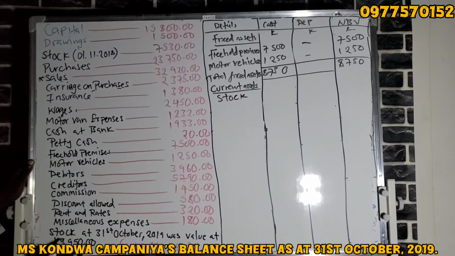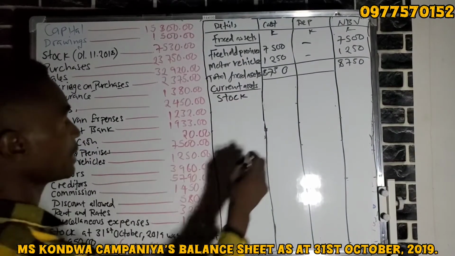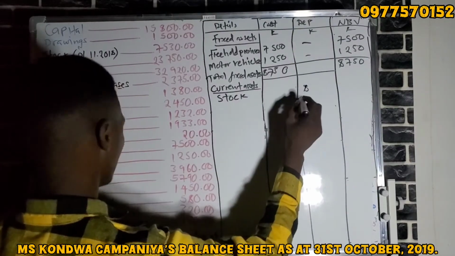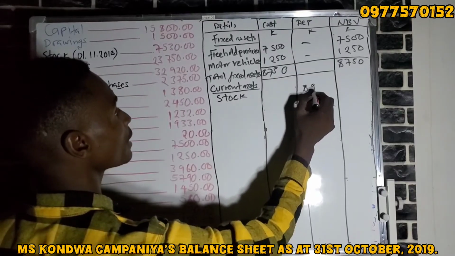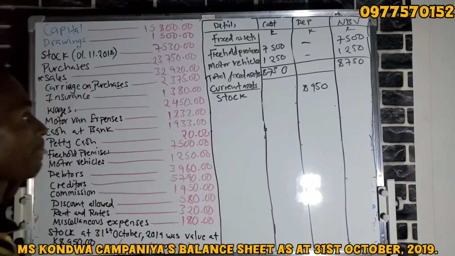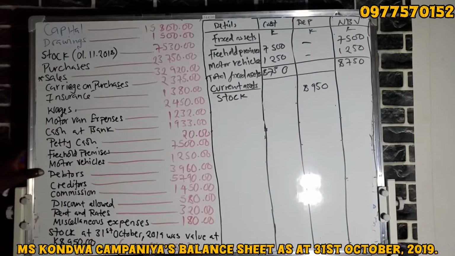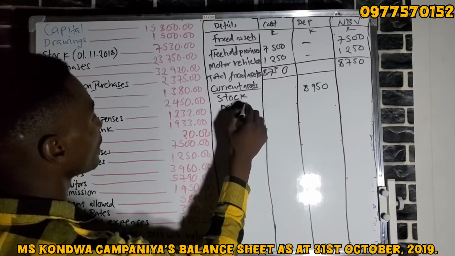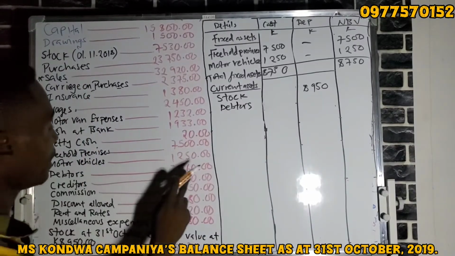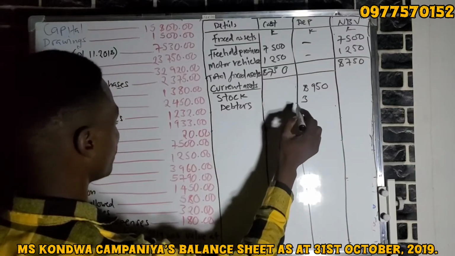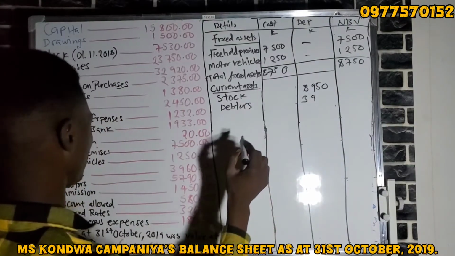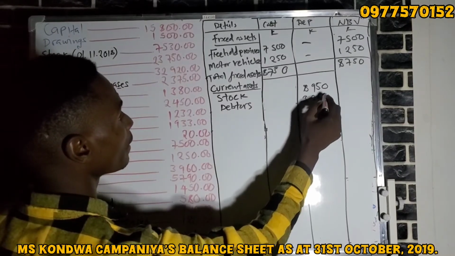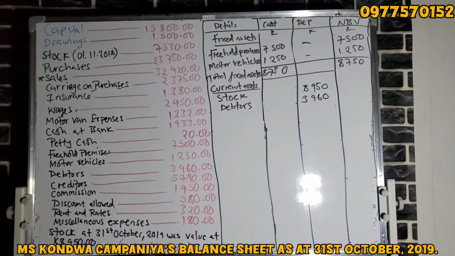So we're going to write the stock here. We are writing the closing stock, which is 8,950 in this column, third column from here. Then we have debtors. Check closely. Yes, we have here debtors. Debtors are 3,960. Okay. Do we have cash at bank?